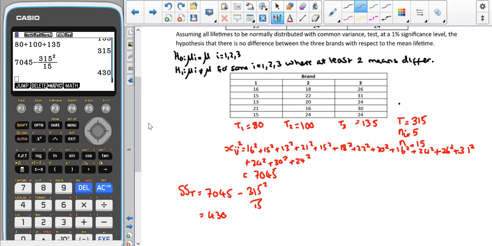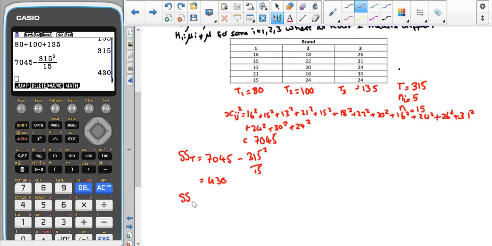Then we need to find our SSB, which is going to be the total for each group squared over the number of pieces of data in that group, minus our T squared, our total squared, over n.